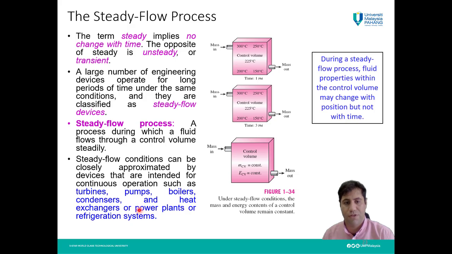Here are some examples of devices in which we have a steady flow, like turbines, pumps, boilers, condensers, and heat exchangers, or even power plants or refrigeration systems. All of these you will later see include some kind of flow, and this flow in many cases can be studied as a steady flow process.